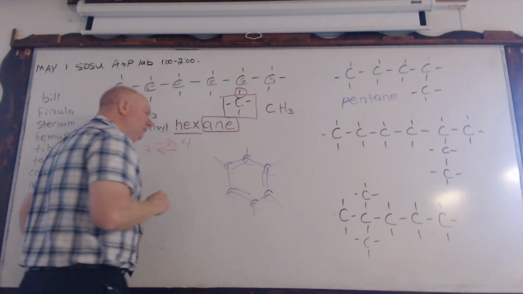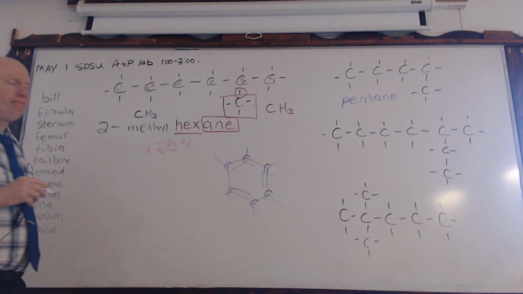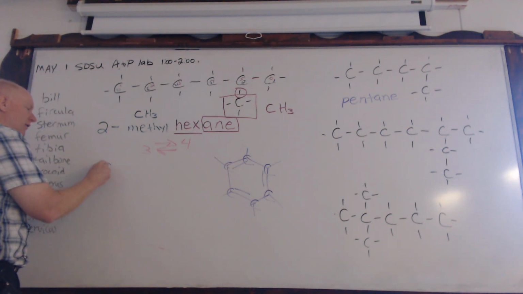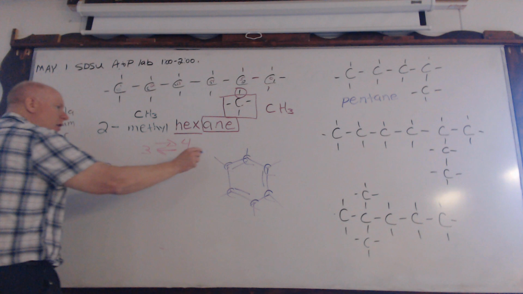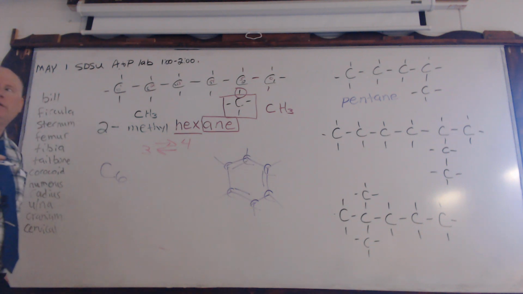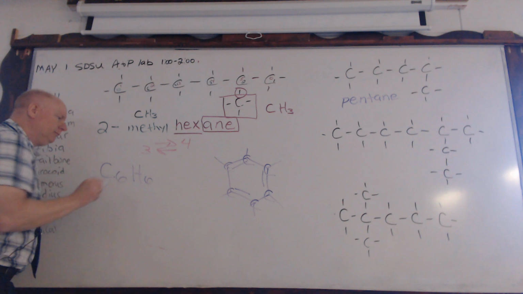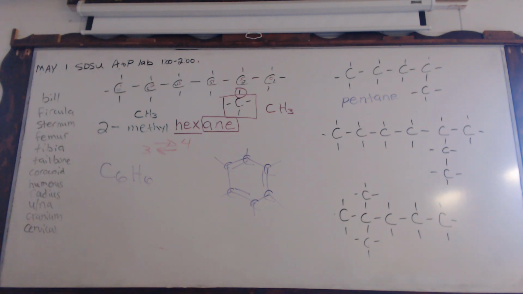Where can you get benzene? Maybe from a scientific supply company, but I doubt it. So what is the formula? We see 6 carbons. How many hydrogens are there? C6H6. That is benzene.